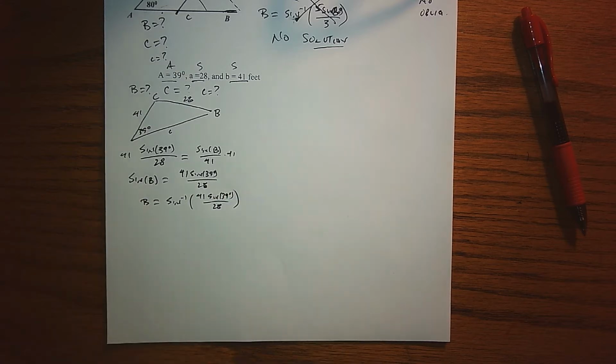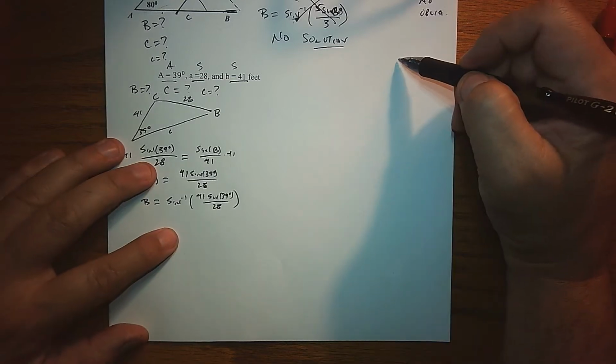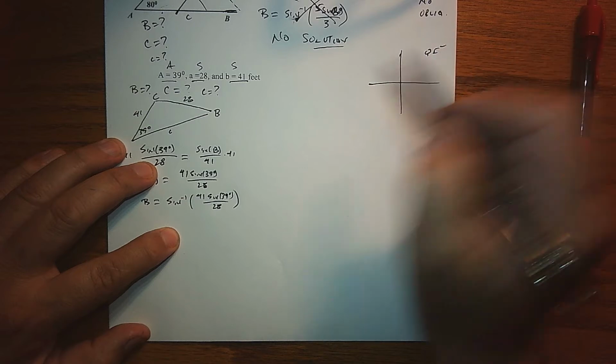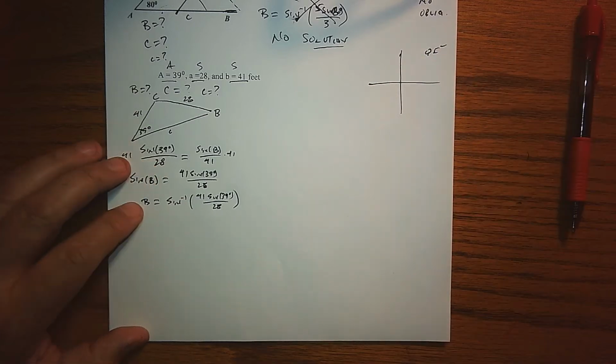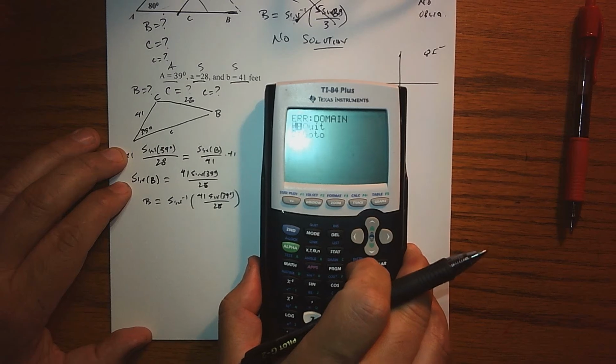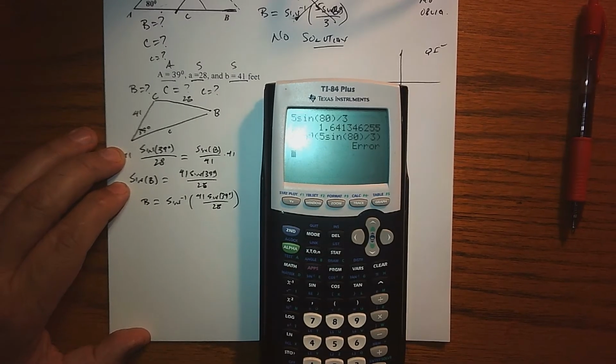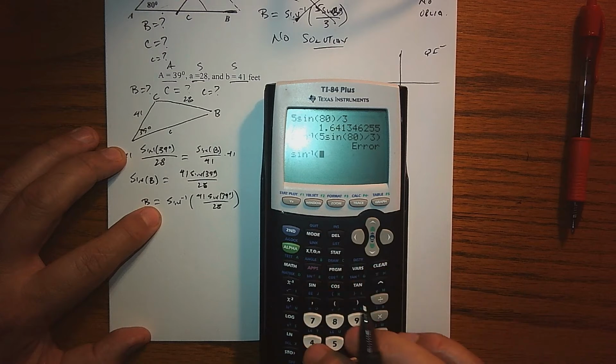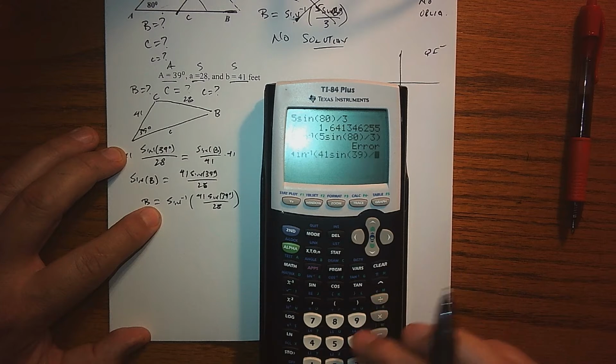So do we get a domain error, or, remember the two possibilities right now, do we get the quadrant 1 angle that we hopefully get? So I'm going to put in the inverse sine of 41 times the sine of 39 divided by 28.